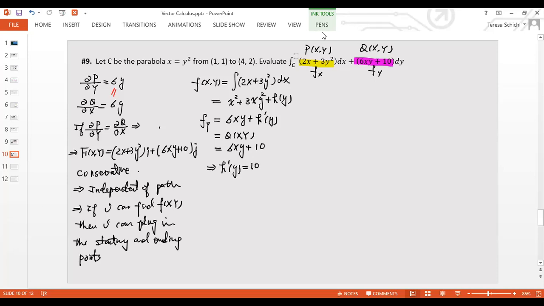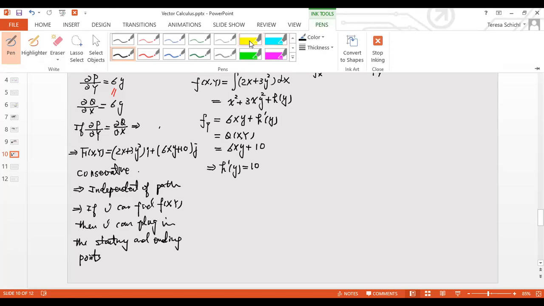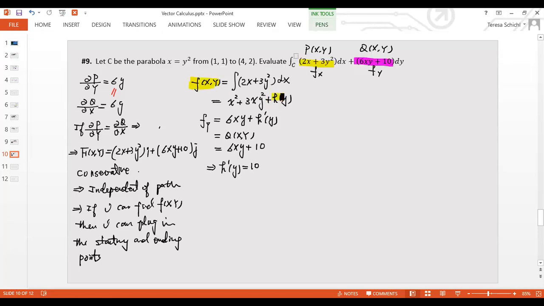Equal to 10, right? So in order to find this f of xy function, I need to have h of y. So I need to integrate back, h prime y dy. That means this is the integral of 10 dy, right? So I have 10y plus a constant k, correct?